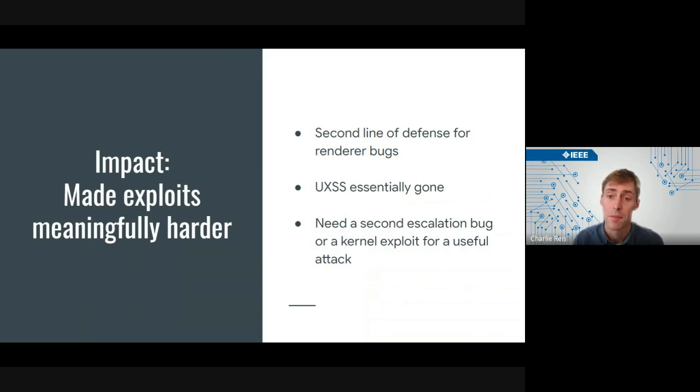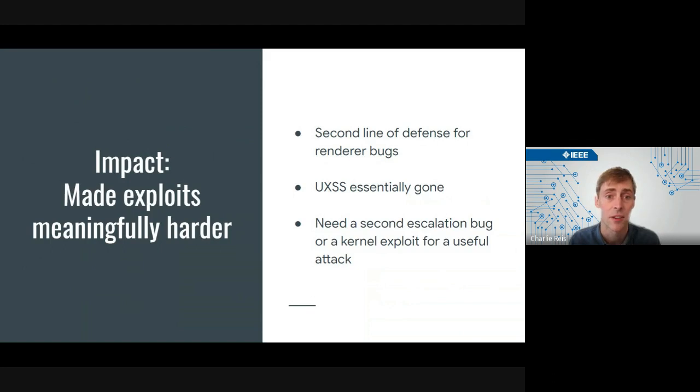Now, the first major impact from this work was meaningfully making exploits harder, now that a renderer bug wasn't sufficient to attack other websites. This basically eliminated an entire class of universal cross-site scripting bugs, because an attacker couldn't just find a bug in the same origin policy code to then attack other documents from other sites in the same process, because those documents lived in another process.